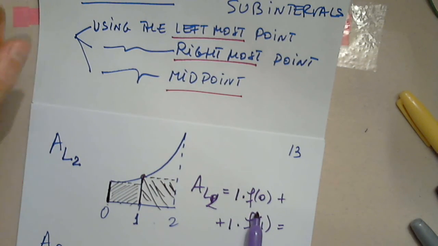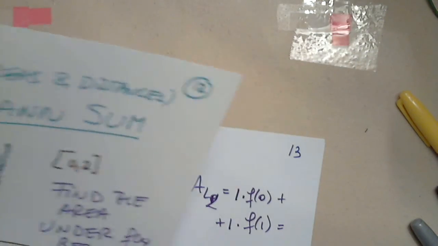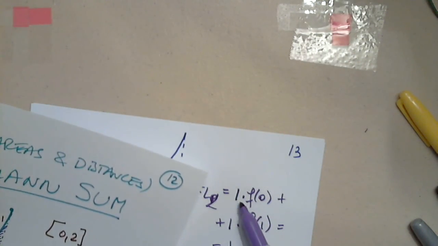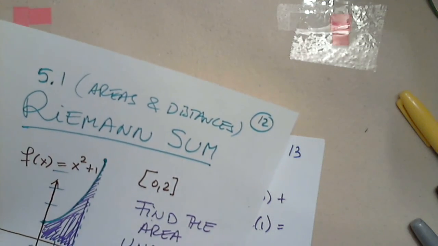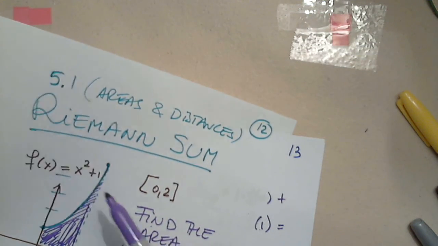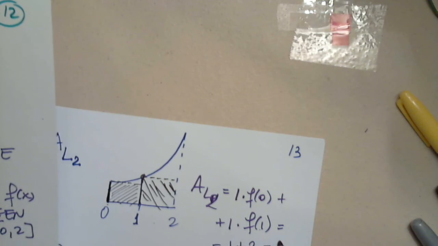For our function, f of 0 is 1, times 1 is 1. f of 1 will be 1 plus 1, which is 2. So the area is 3.